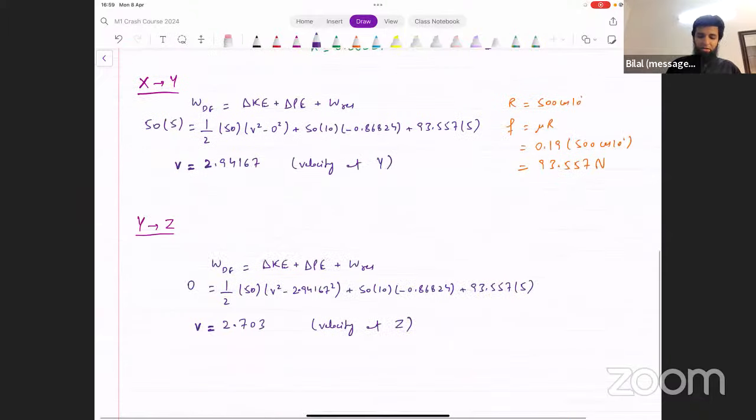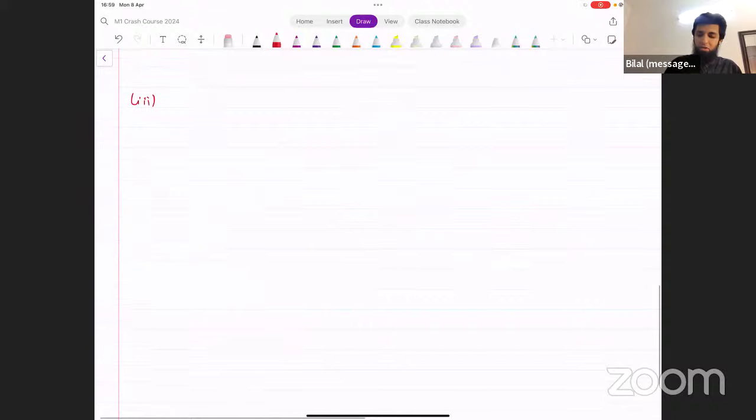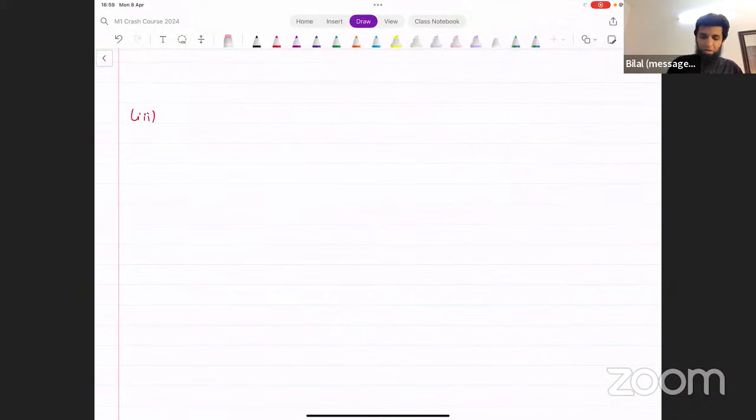Okay, so now you have a plane that's inclined at 20 degrees below the horizontal. So now it's a plane that looks something like this.